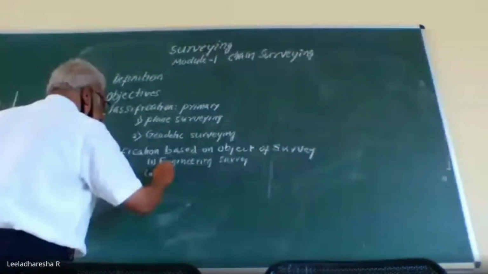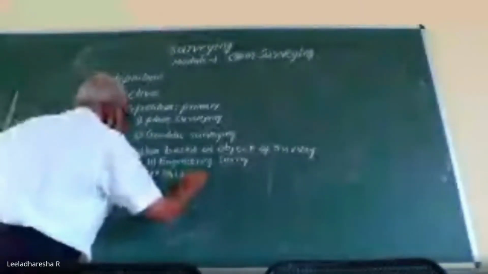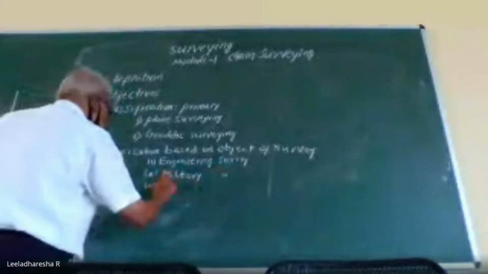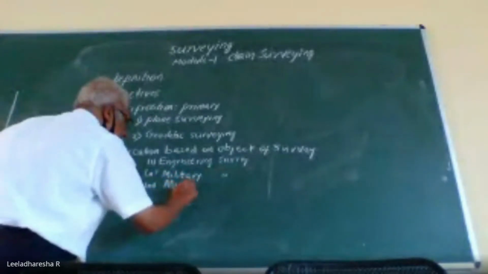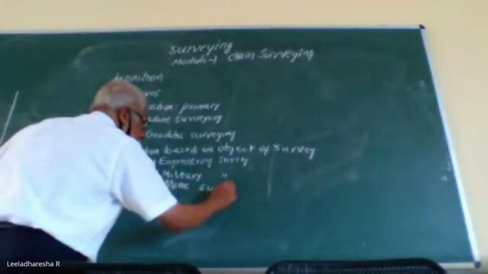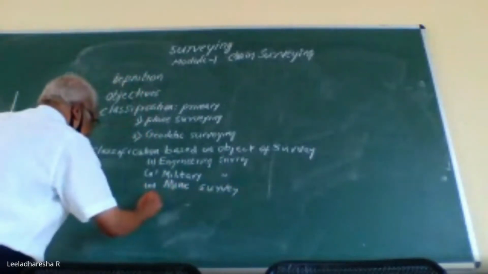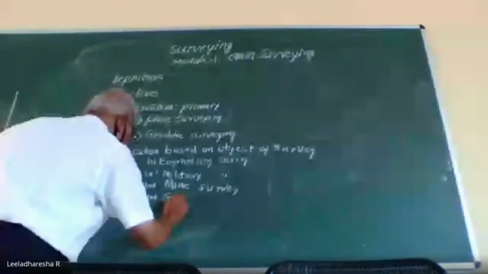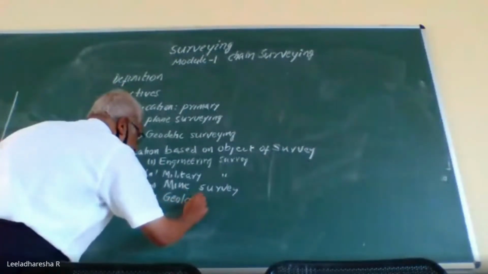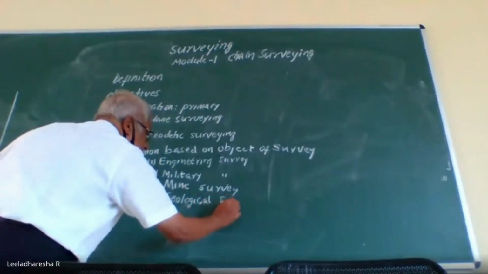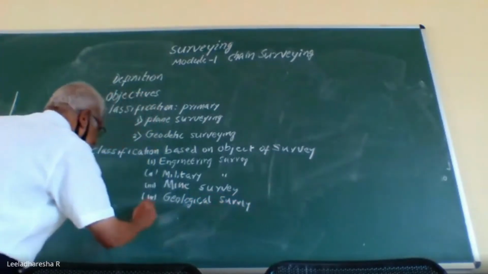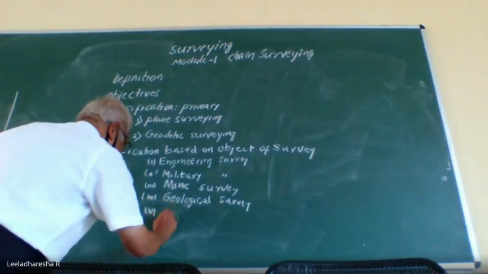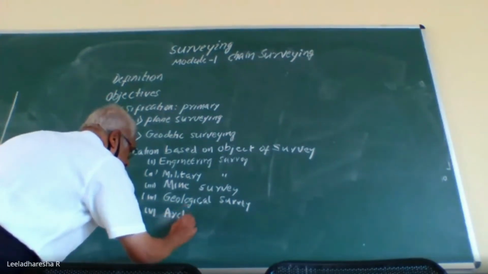Second is called military survey. Third one is called mine survey. Fourth one is called geological survey. Fifth one is called archaeological survey.